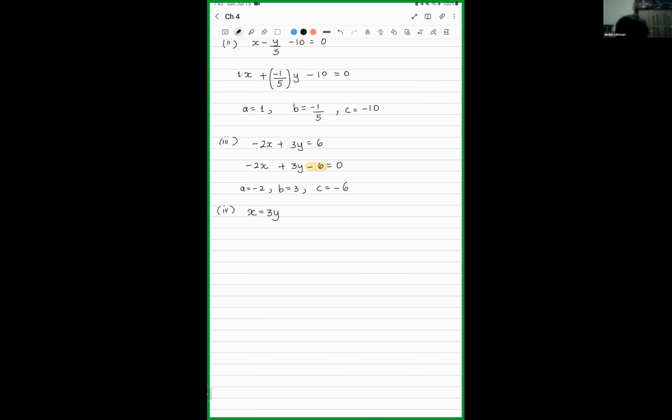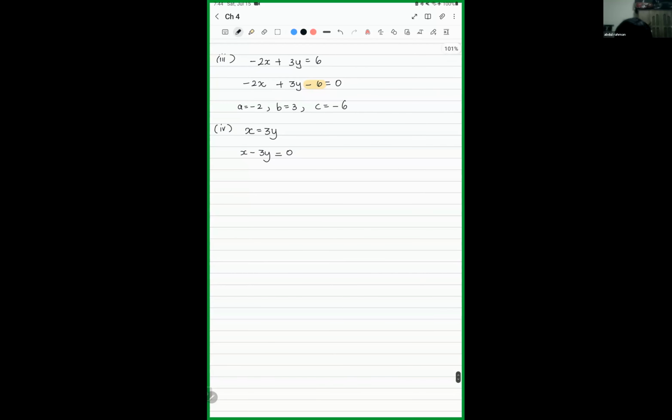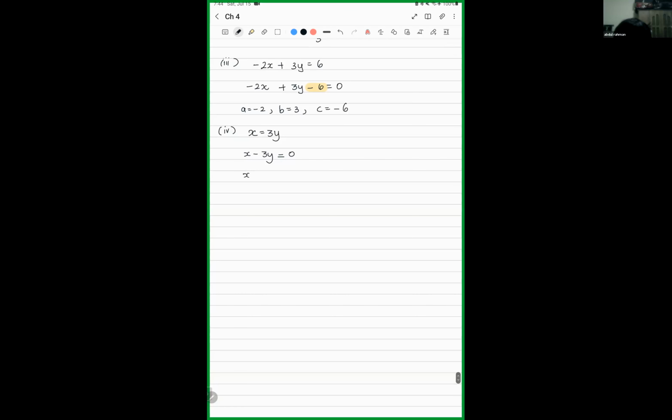X equals 3y, so x minus 3y equals 0. Then 1x plus minus 3y plus 0 equals 0.